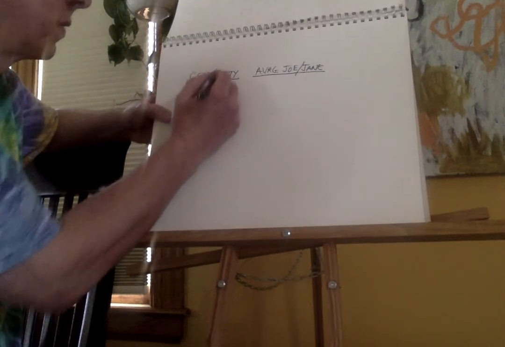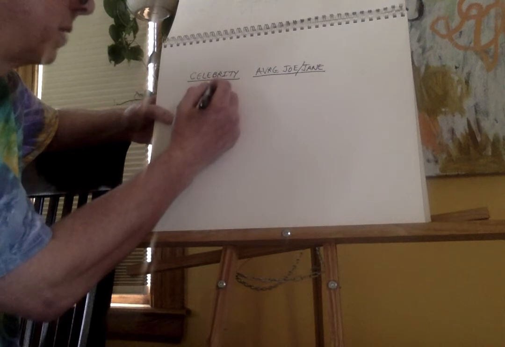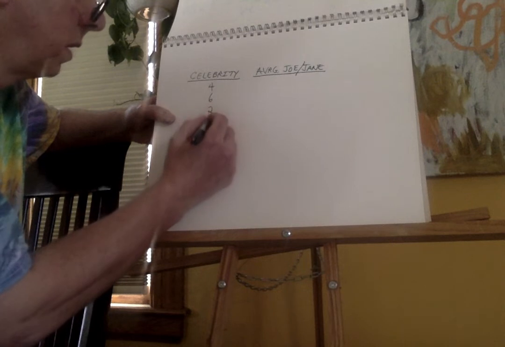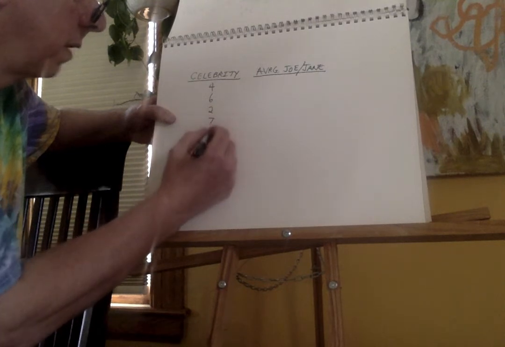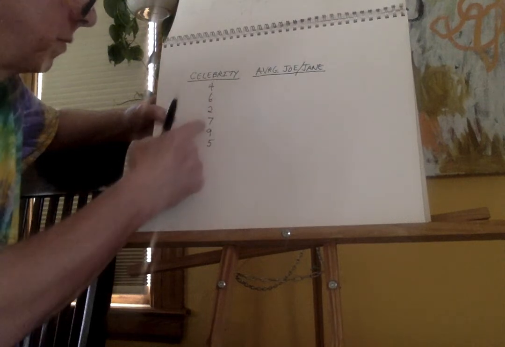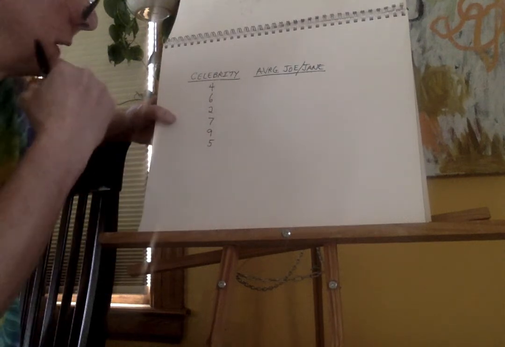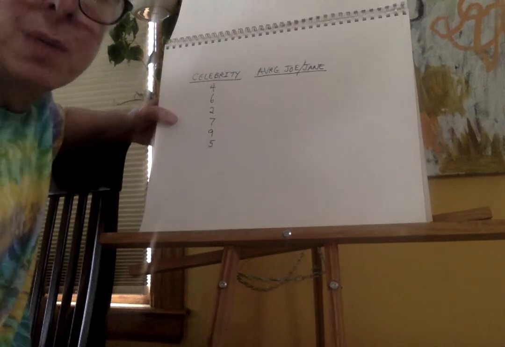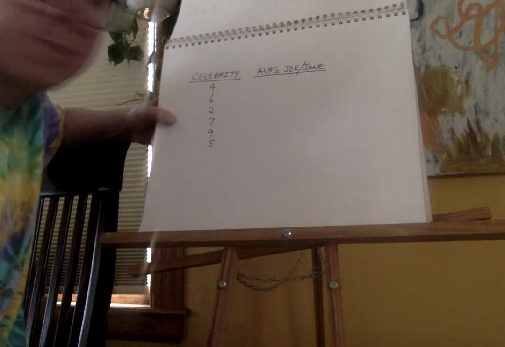For the celebrity spokesperson, let's say 4, 6, 2, 7, 9, 5, 1, 2, 3, 4, 5, 6. Yeah, that's okay. I want to make the computations relatively easy.